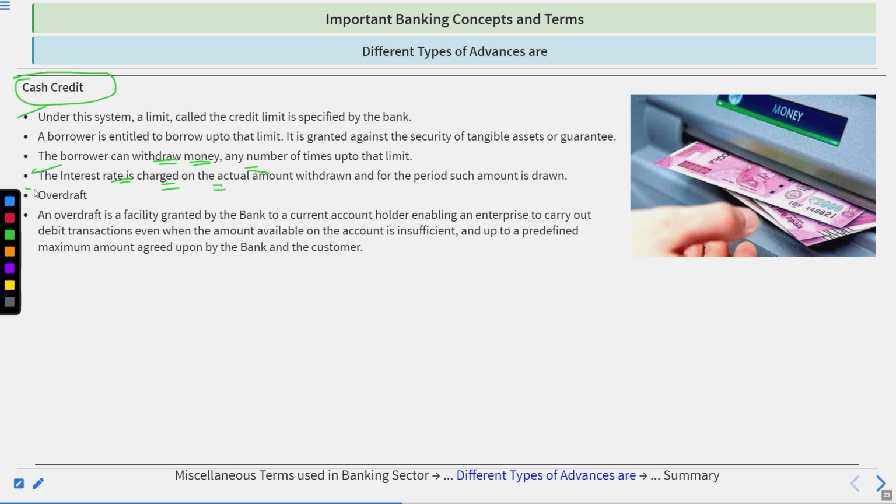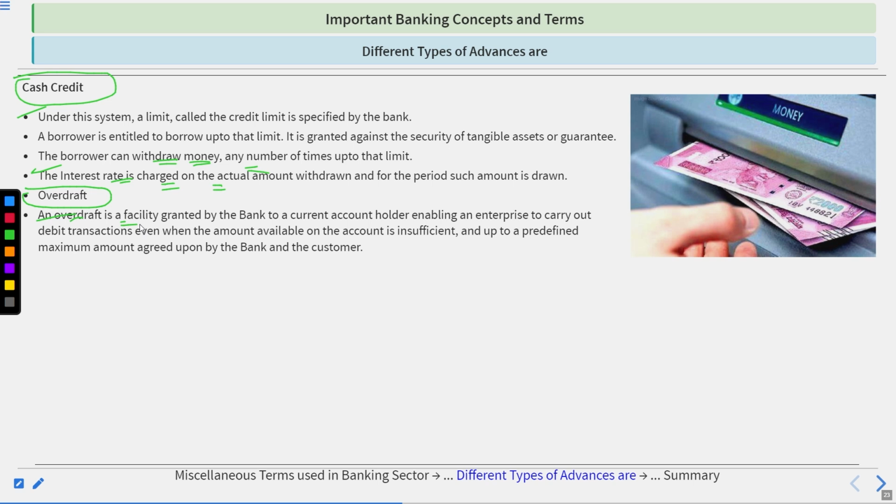Overdraft. Now, overdraft is a facility granted by the bank to a current account holder, enabling an enterprise to carry out debit transactions even when the amount available in the account is insufficient. Like if you only have 1 lakh rupees in your account and you have used it, still you could make transactions.